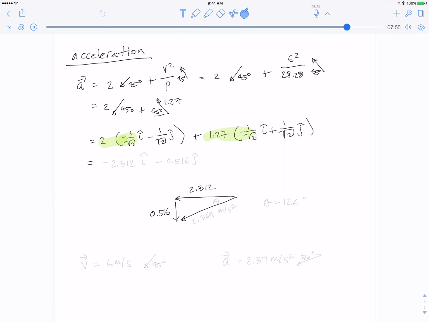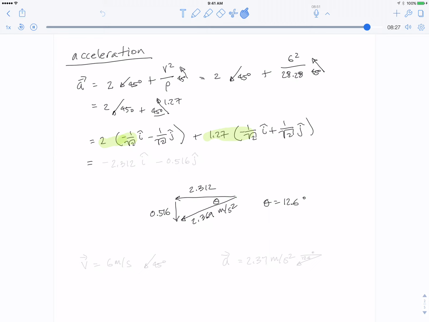So I'm just going to use Pythagorean theorem to get the total length of the vector. So x squared plus y squared, square root, equals 2.369 meters per second squared. We need to get that angle. I'm just going to take the arctangent of 0.516 divided by 2.312, and that comes out to 12.6 degrees.